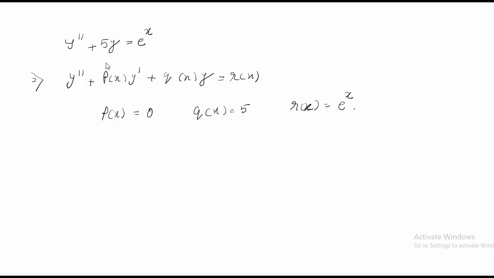So considering the same way, what you are getting is y double dash plus 5y is equal to e raised to x.